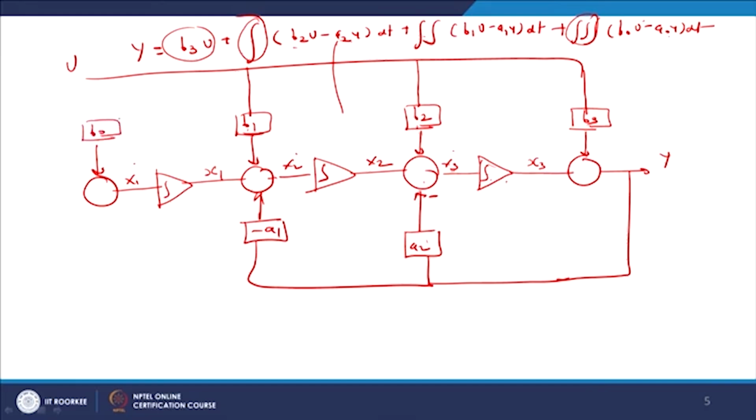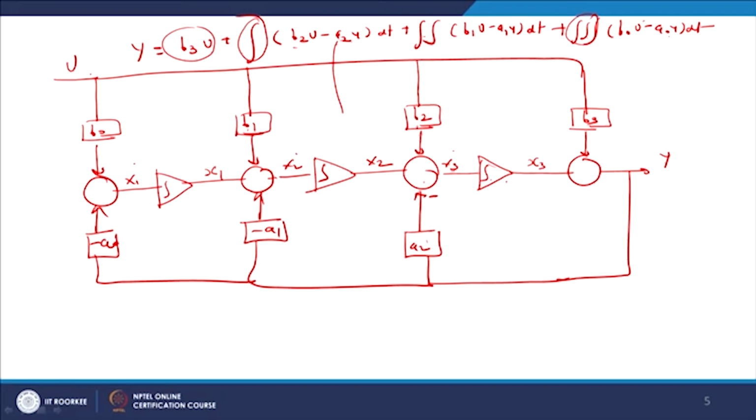This is b0 into u, and here we write minus a0 like this. So here we have written the complete Simulink diagram of a plant.